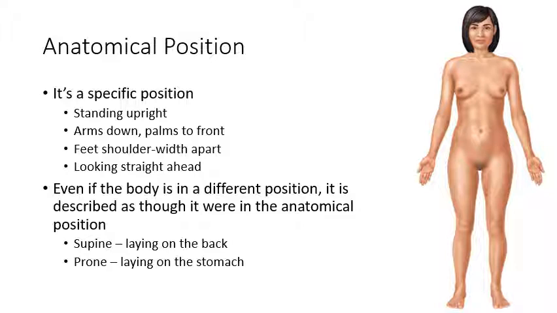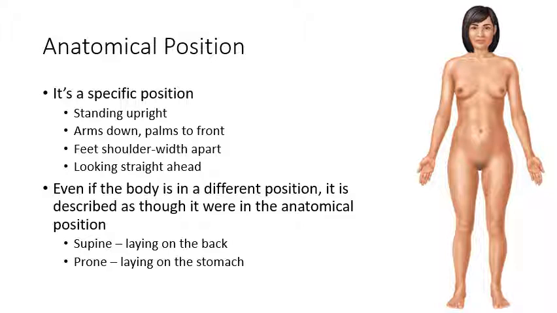So even if a patient's body is in a different position, even if they're lying down, we always talk about structures in their body or injuries or anything like that as though they were in the anatomical position. The reason for that is just to cut down on confusion and make sure that we're always identifying structures correctly.